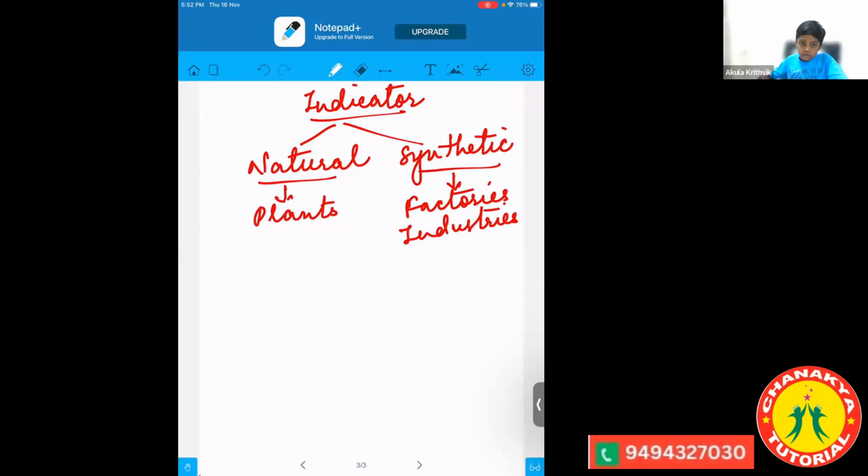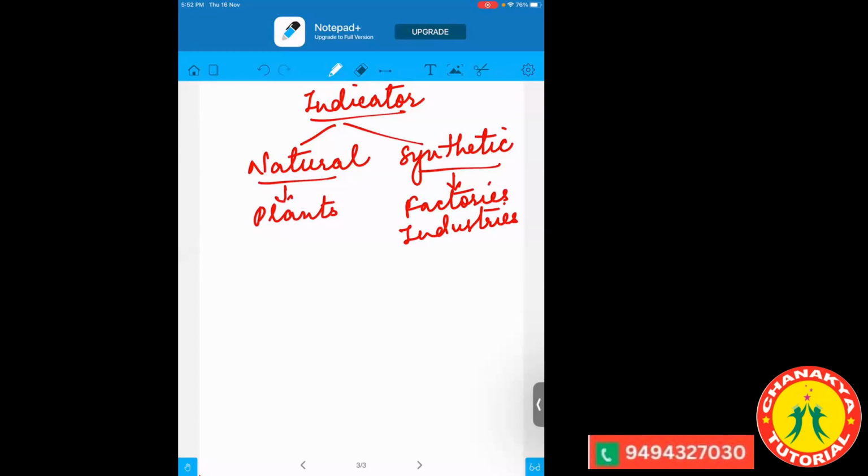China rose indicator. Very good. So we have the China rose which acts as an indicator. That is also natural. Then apart from that, turmeric also. Turmeric we use as a spice for making vegetable curries and all. That is also a natural indicator. Then we have the red cabbage.